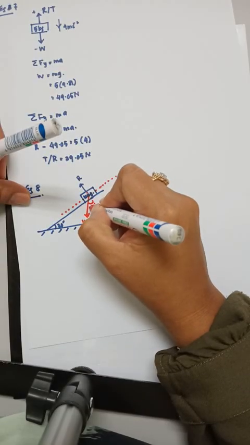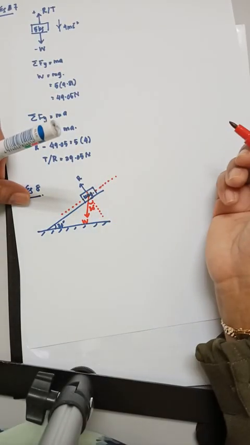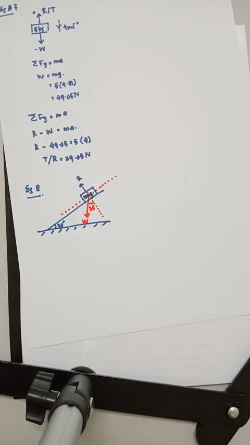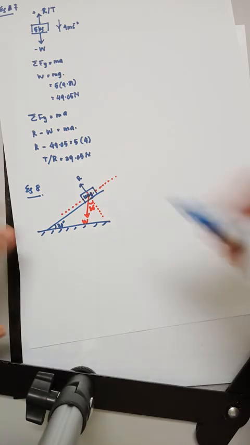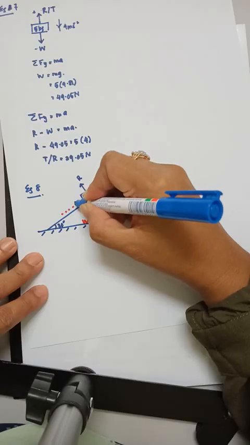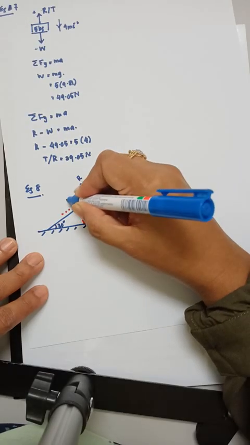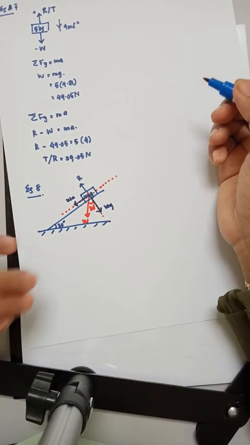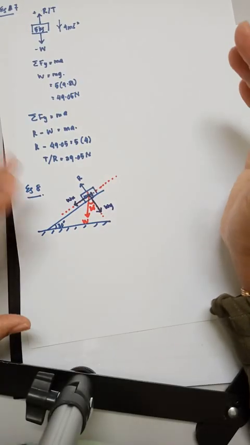Weight. Tapi dia ada 30 degree here. Itu dia punya weight. Okay. And then, untuk dia punya weight, since dia ada component, okay, since dia 30 degree, so dia akan ada component untuk weight. So this is WY, this is WX. So ini semua dia punya component.